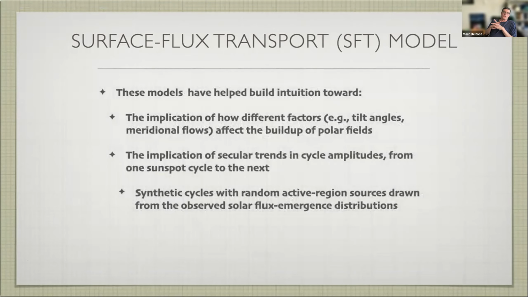So I view surface flux transport models as a way of building intuition, more or less, because it's just a 2D model. We're only modeling the evolution of flux on the photospheric surface. And a lot of the results of the model depend on what you stick into the model.